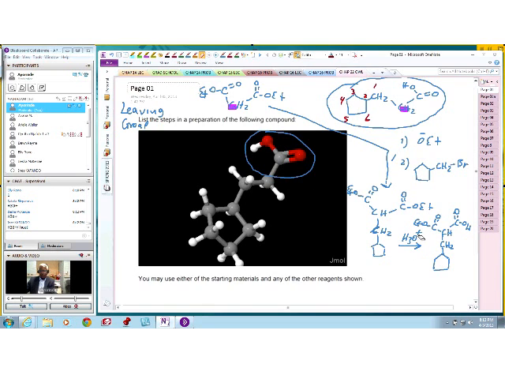Let me get this out of the way. Okay, so now this is hydrogen here. Now we form our carboxyl group. At this point, what will be the next step? Heat. Very good. Now we apply heat.